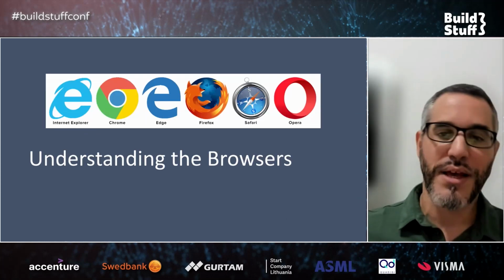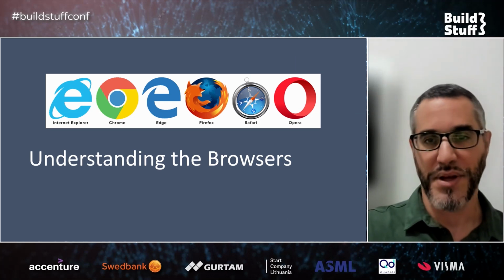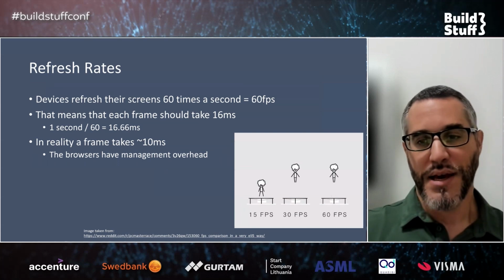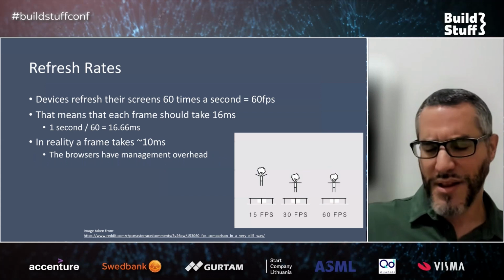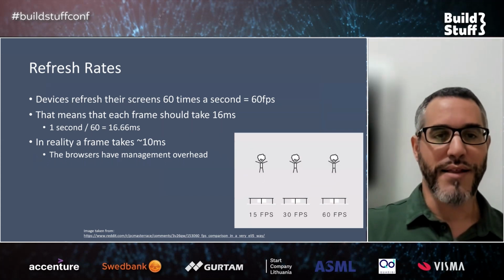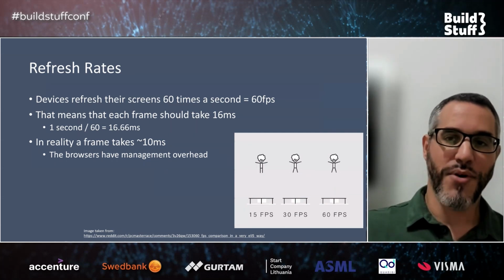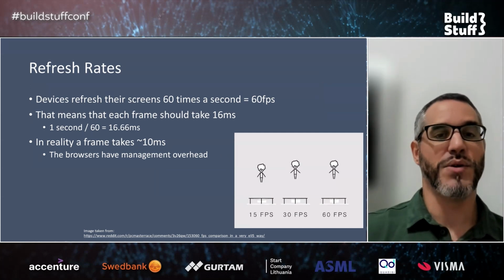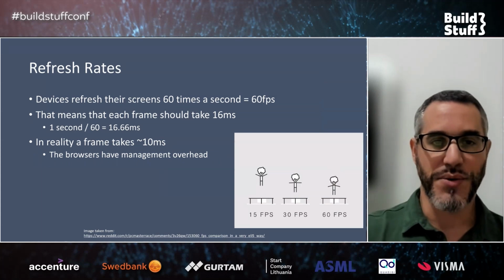So let's start with the browsers. Let's understand how the browsers are working. But before we talk about browsers, let's talk about devices. As I said, we started with our development machine, and in the development machine, we have a great CPU and GPU, and we have a screen, and the browser, whenever it needs to do something, needs to be aligned to the refresh rate of the screen.